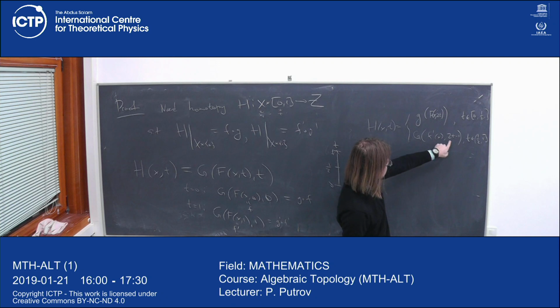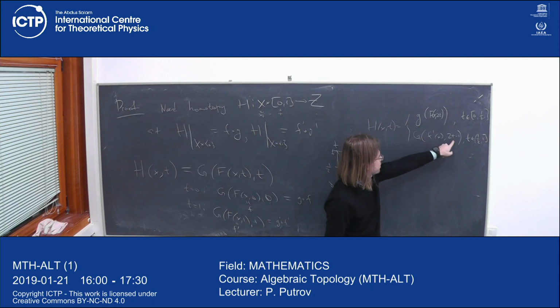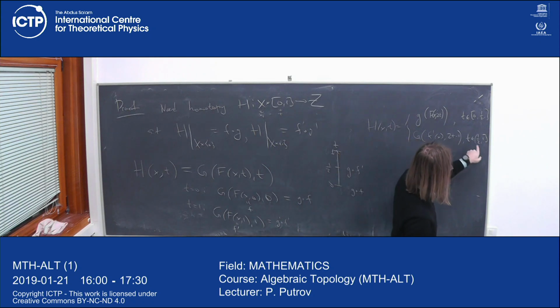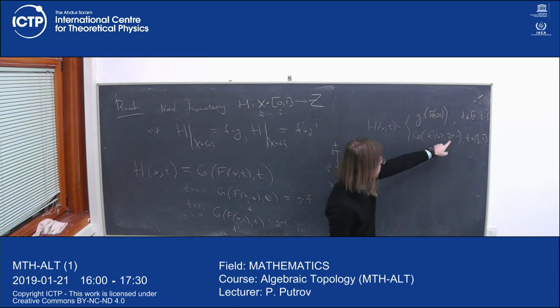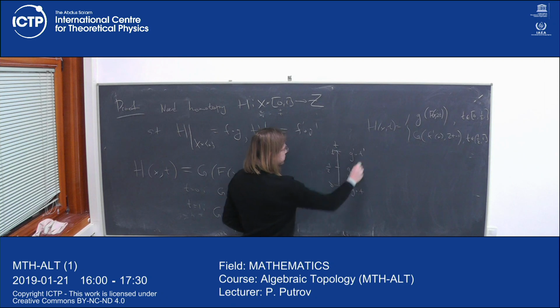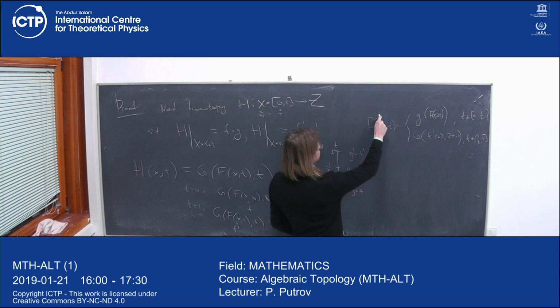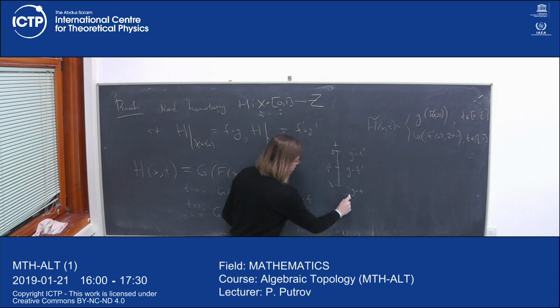This is in agreement with the second line. When t is 1/2 here, I get a big G when the second argument is 0, which is small g of f prime, which is indeed the same. And then we start increasing t from 1/2 to 1. At the end, we have big G of 1, which is g prime of f prime. So this is, let me call it H2.